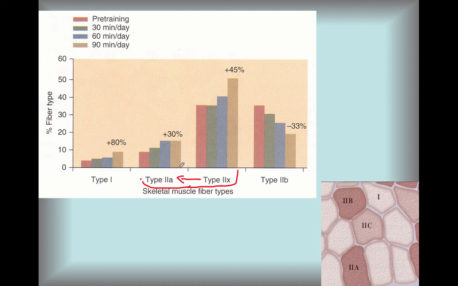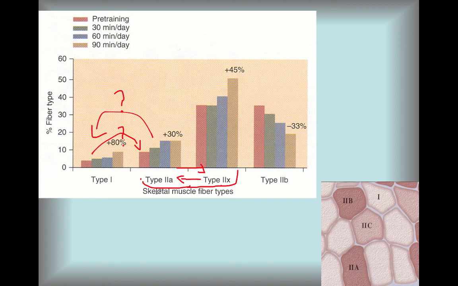Or conversely, if you do a lot of power training, you can convert some of the 2As to 2Xs. What we still don't know is whether it is possible to convert from type 1 to type 2, or vice versa, from type 2 to type 1. Unsure about that. There are people who are convinced that we can do it, but that's a really, really difficult study to do. It's a long-term study.